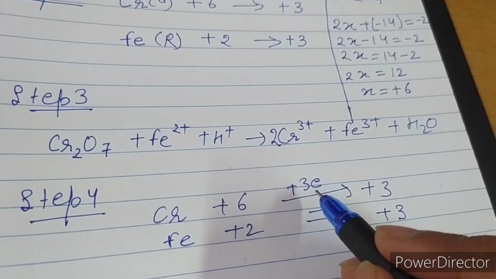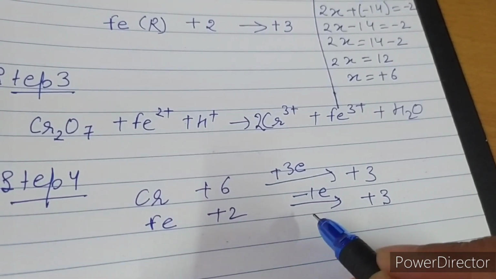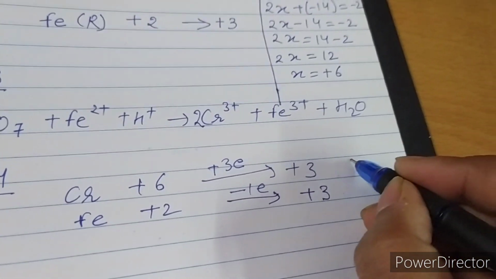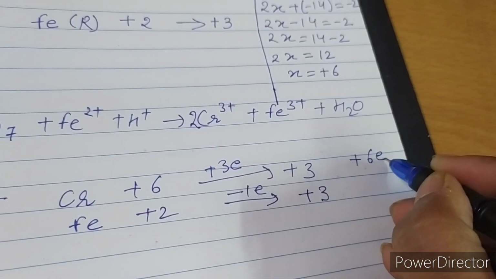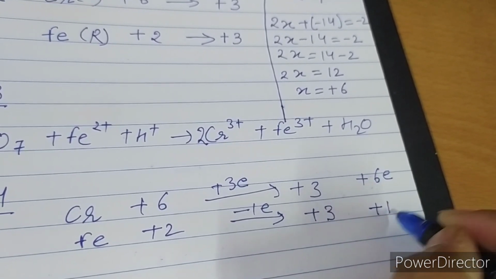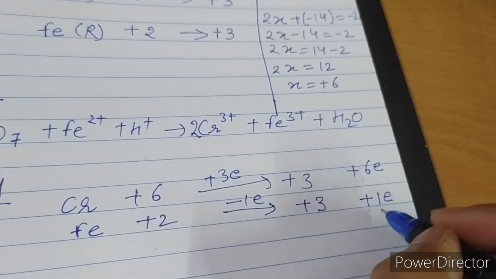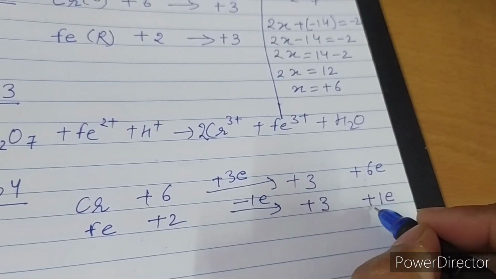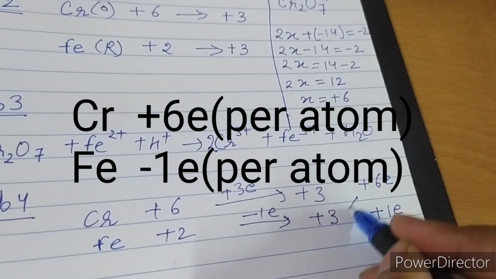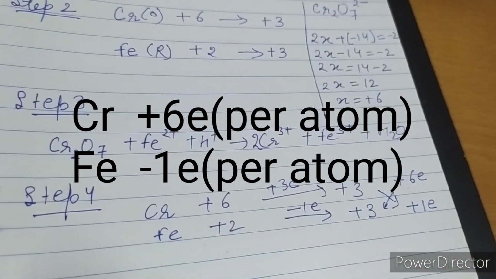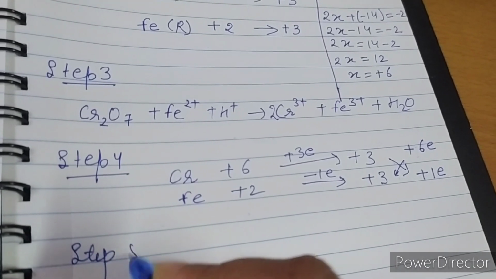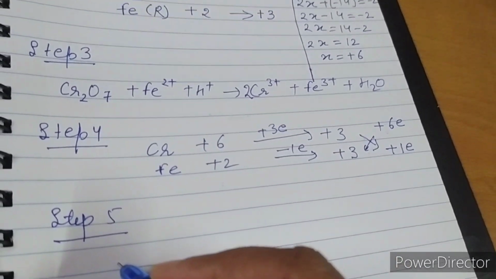Chromium requires 3 electrons to be gained per atom, and iron requires 1 electron to be lost per atom. Now because there are 2 chromium atoms, the total electrons gained will be 6 here, and there is only 1 iron atom, so here it will be +1 electron. So the coefficient for multiplication for chromium will be 1 and for iron will be 6. So now in step 5 we'll multiply with these coefficients the entire equation.